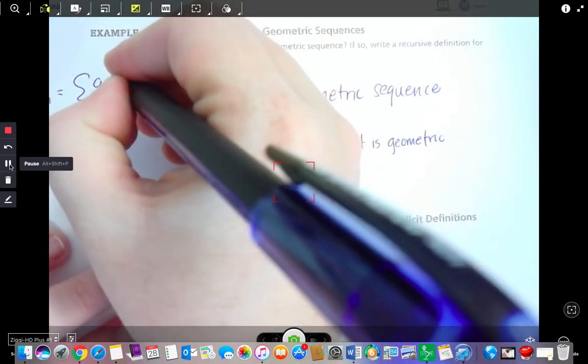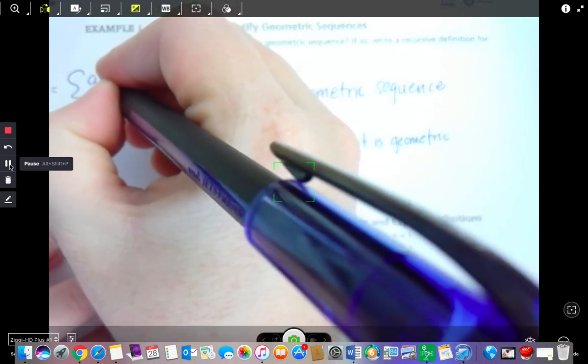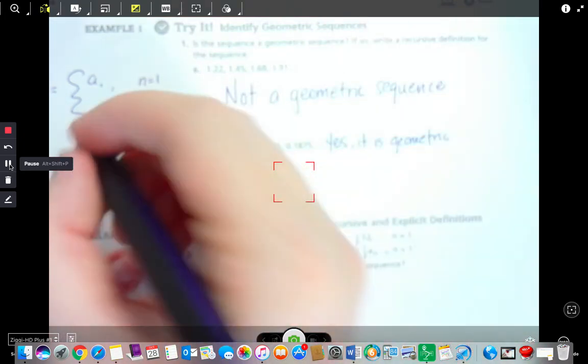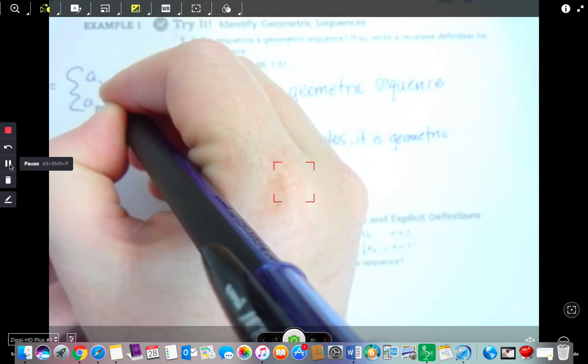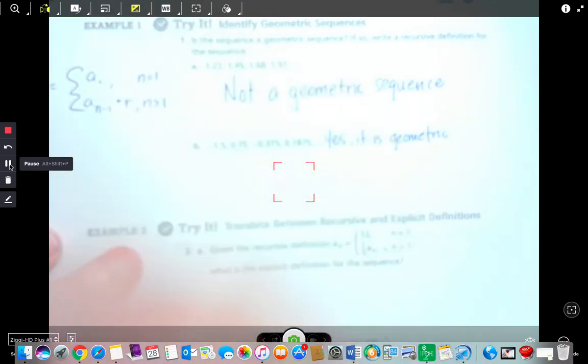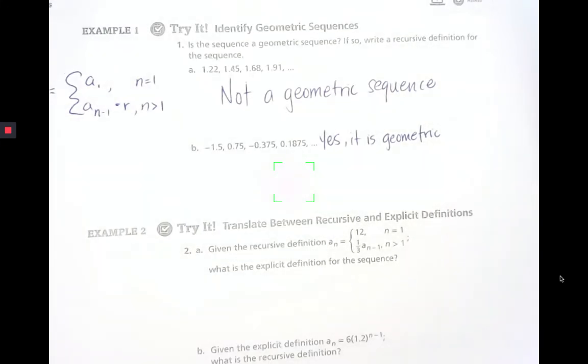A sub 1 is your first term. So A1 as n equals 1. And then A sub n minus 1 times r, where n is greater than 1. That's the general recursive definition.